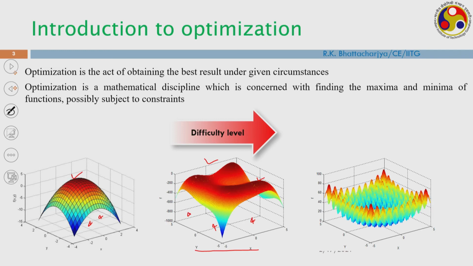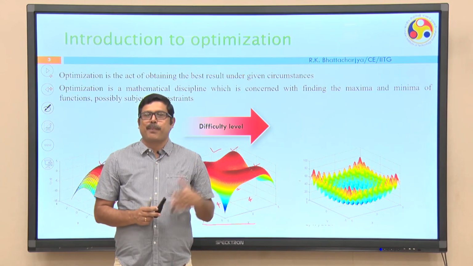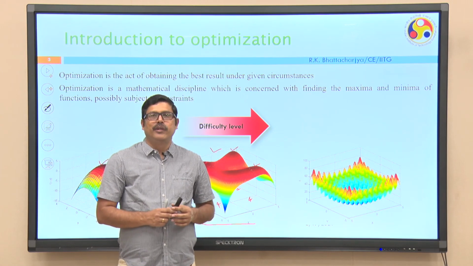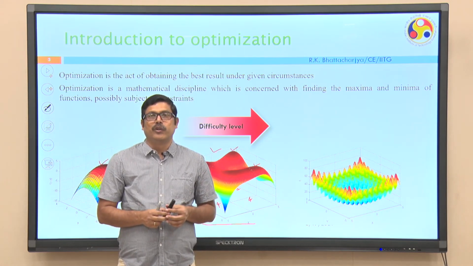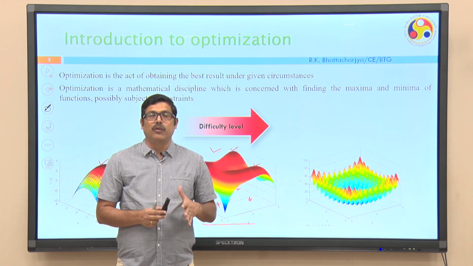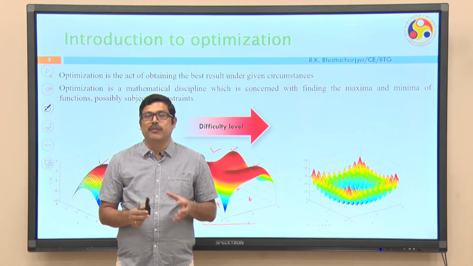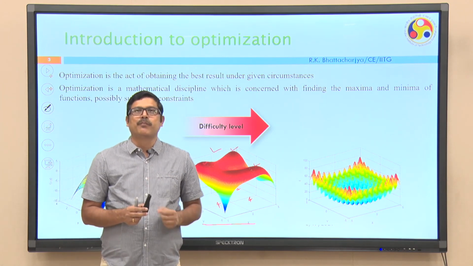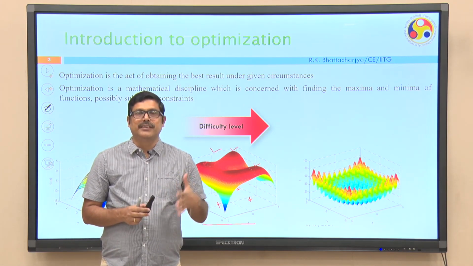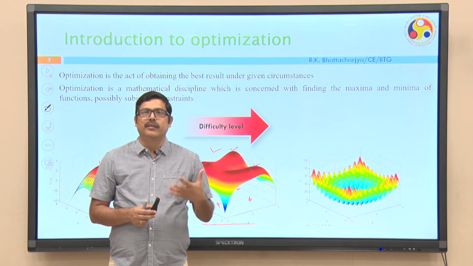If you take somewhere here, you may get this one, or if you take somewhere here, you may get this solution. So for this particular function, depending upon what initial solution you have chosen, you will get one of the local optimal solutions, and basically it is sensitive to the initial solution.